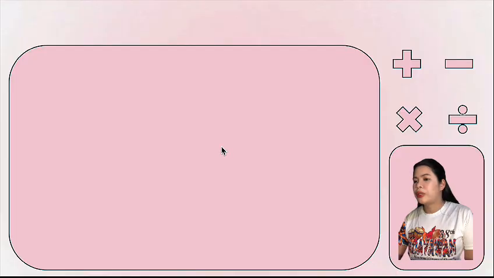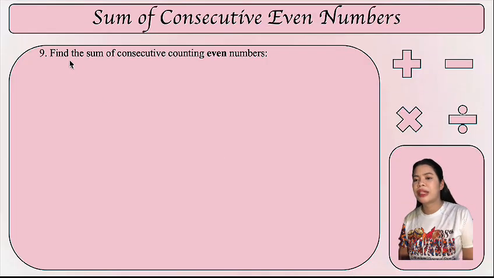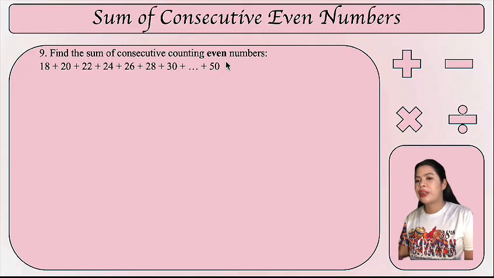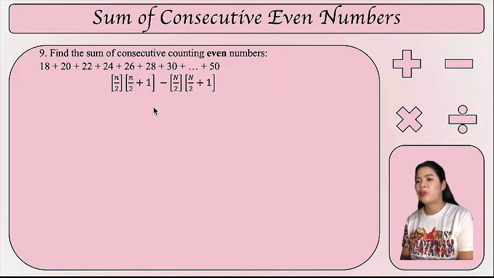So we are going to proceed to our last problem, which is find the sum of consecutive counting even numbers. So we have here the limit, which is 18 and 50. So we are going to use this formula: n divided by 2 multiplied by n divided by 2 plus 1 minus big N divided by 2 multiplied by big N divided by 2 plus 1.